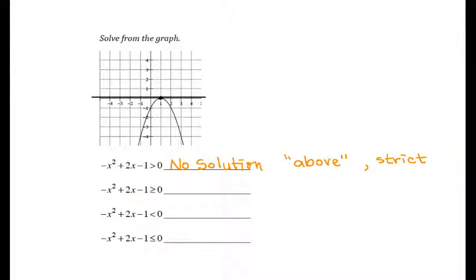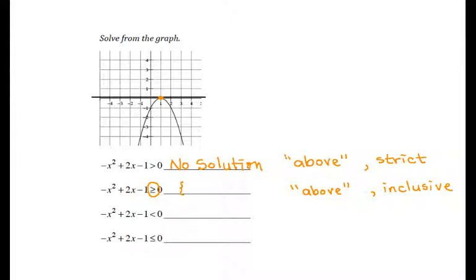Looking now at the second one, this is saying above again because it's a greater than or equal to, but it's an inclusive inequality. So the above part again gets us nothing. But the or equal to in this greater than or equal to tells me that I should include just that one point where the function is equal to 0.